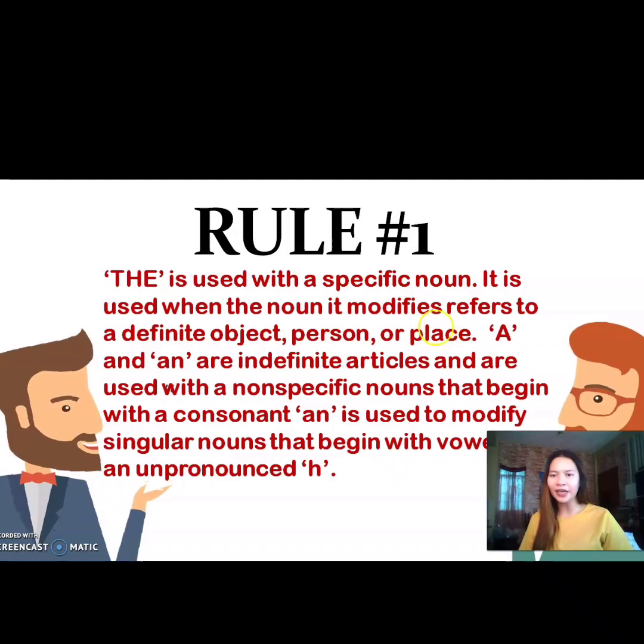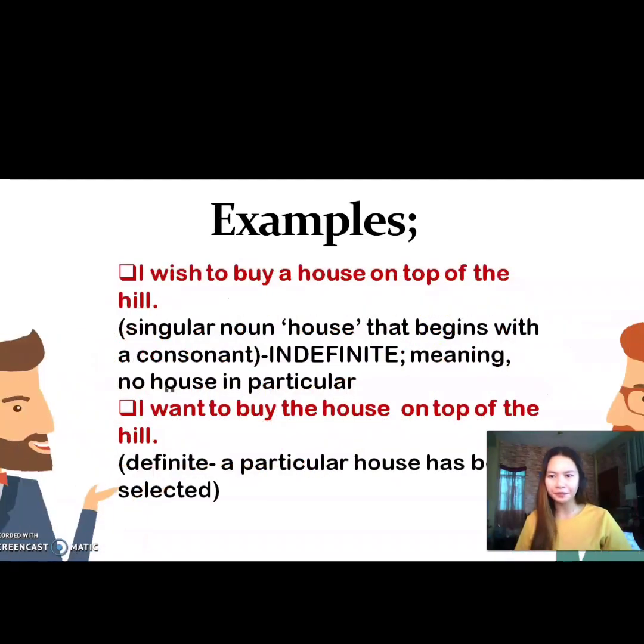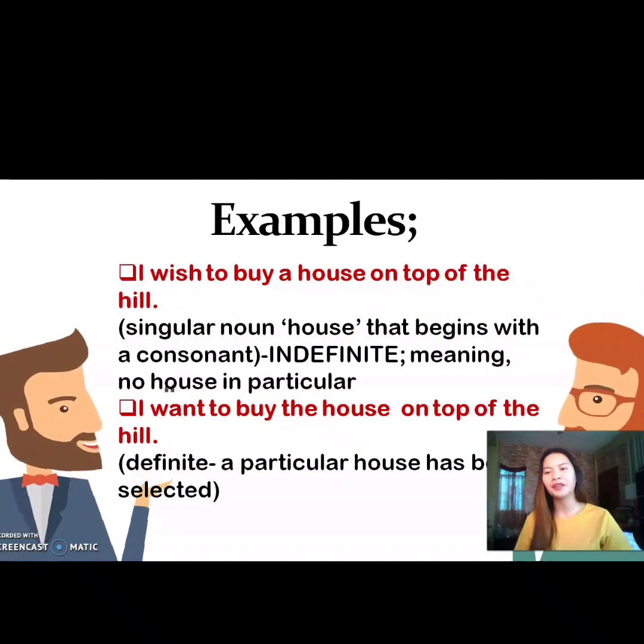So let's see how it happened. Examples. I wish to buy a house on top of the hill. So a singular noun house that begins with a consonant, indefinite, meaning no house in particular.